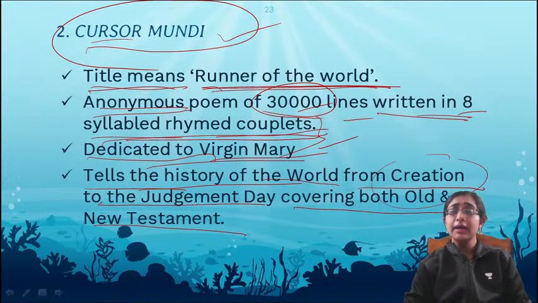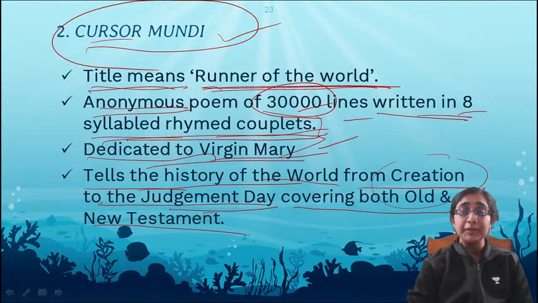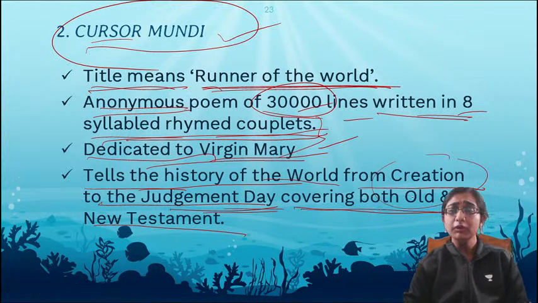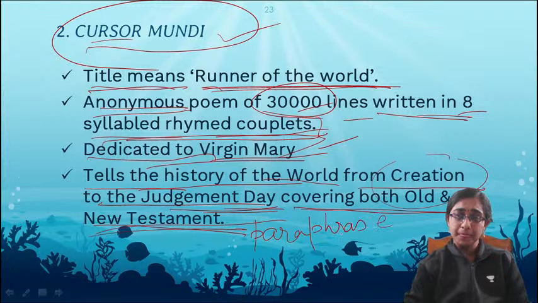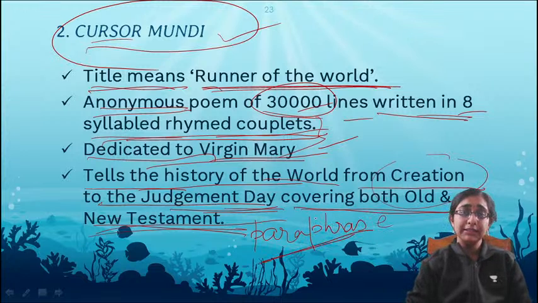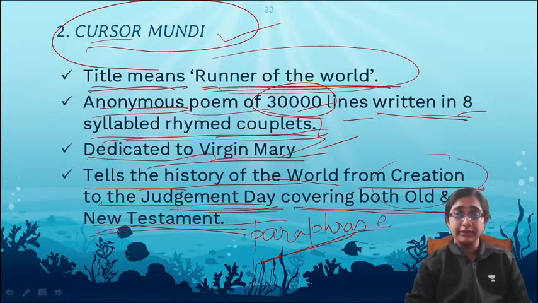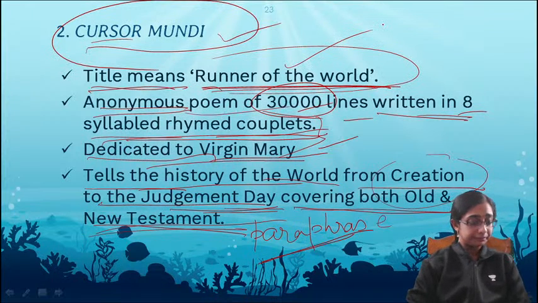All these stories were there up to the judgment day, covering both Old and New Testament. So you can say that it is a kind of paraphrase of the biblical themes. Karsar Mandi. Please remember the meaning, runner of the world. This is important.